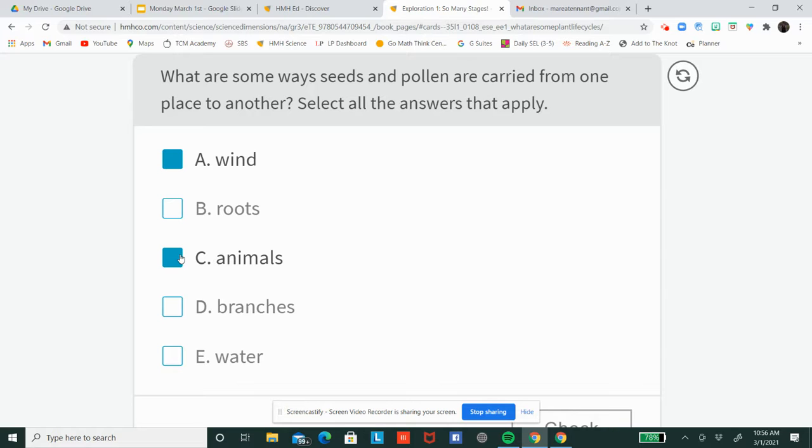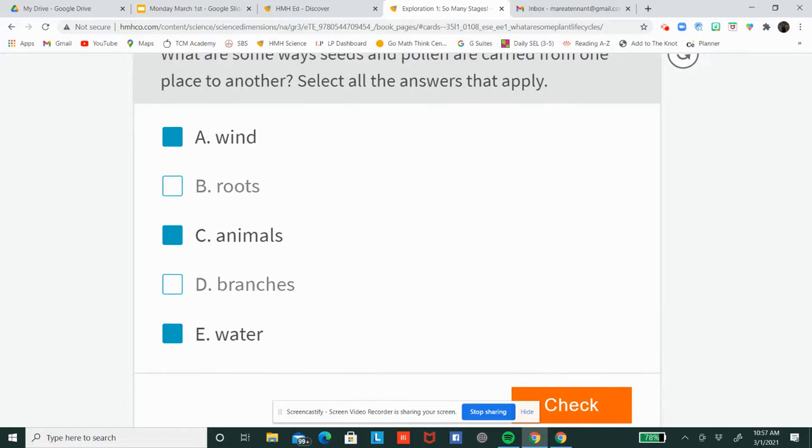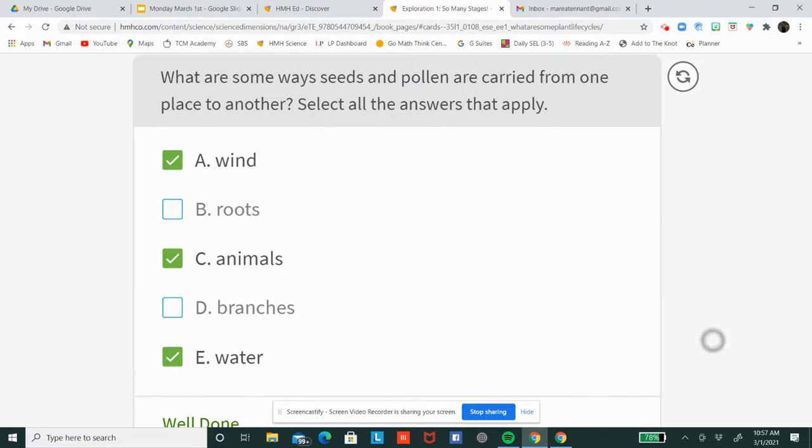Can branches carry things? No, because it's not moving anywhere. That branch is going to stay wherever the one spot is. Can water move seeds and pollen? It could. If it was in a river or something and the river ends miles down the road, it could also transfer. So you can write those 3 examples down for question 4, and this is where we will stop today.